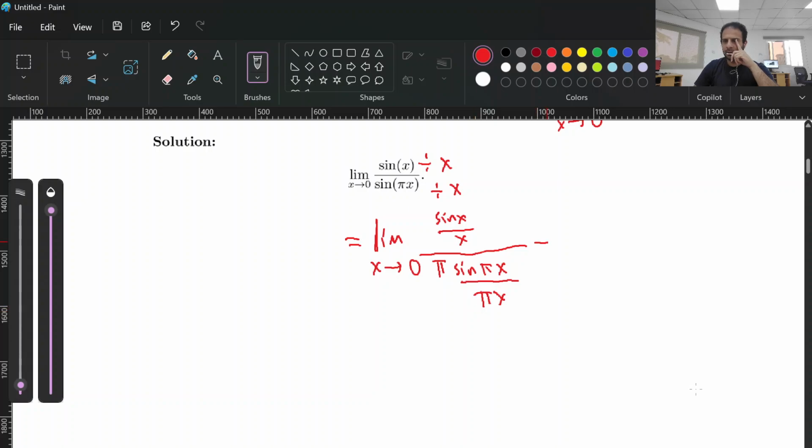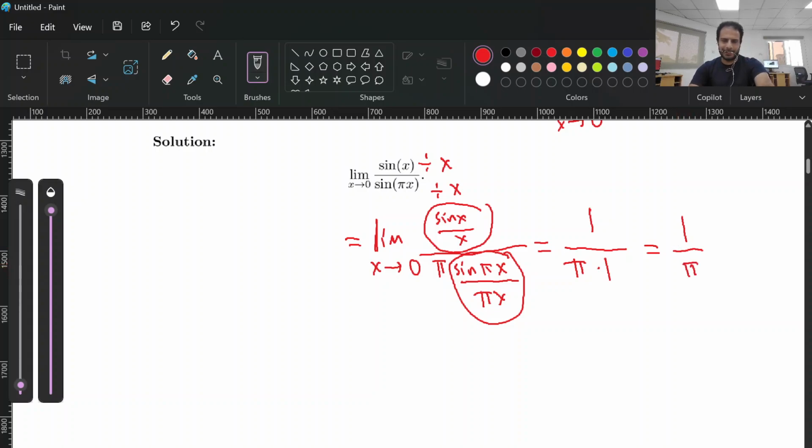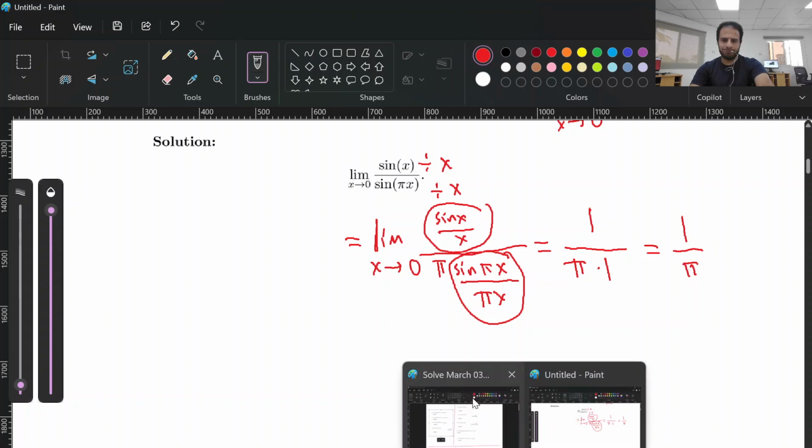Now, up this one equals 1, right? Down you have pi times this also equals 1. So just 1 over pi, right? Thank you. Now let's take the next problem.